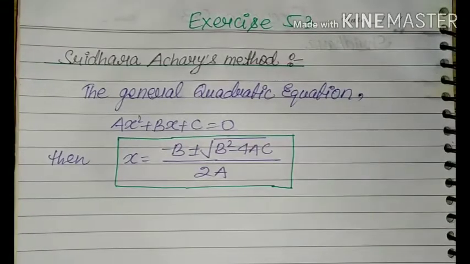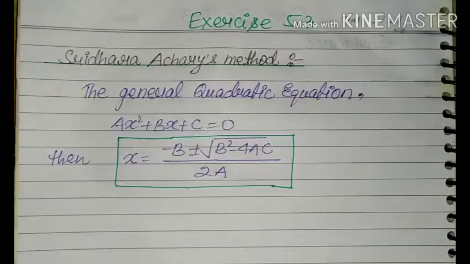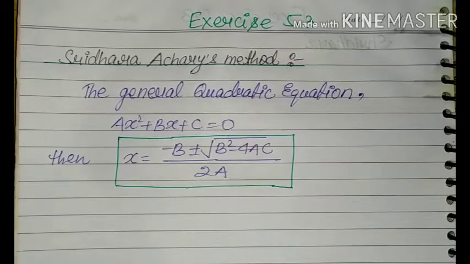If the general quadratic equation is ax square plus bx plus c equals to 0, then the Sridharacharya method says x equals to minus b plus minus under root b square minus 4ac upon 2a. This is the formula of Sridharacharya, and we are going to solve all questions of exercise 5.3 by this famous formula. Okay, so guys, let's do it.